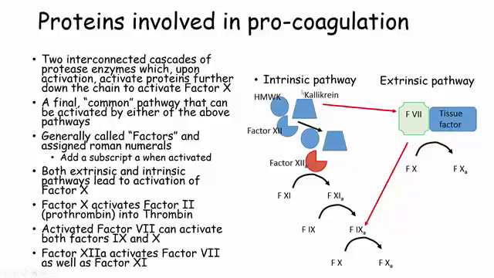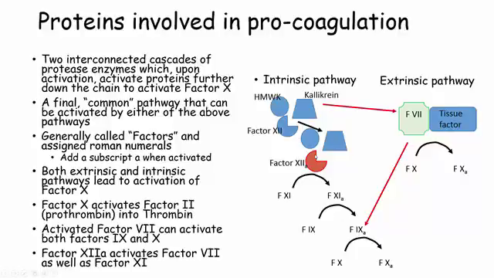Let's look first at the intrinsic pathway. And this is initiated by the formation of a large complex of proteins, including something called high molecular weight kininogen, a protein called prekallikrein, and factor 12. And this complex formation ultimately leads to the activation of factor 12 to factor 12A, which is an active protease.